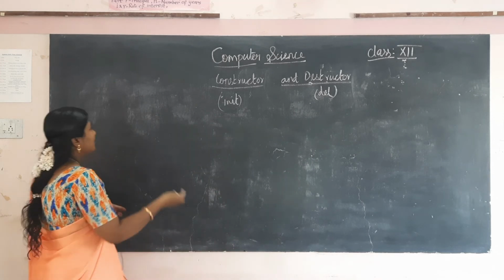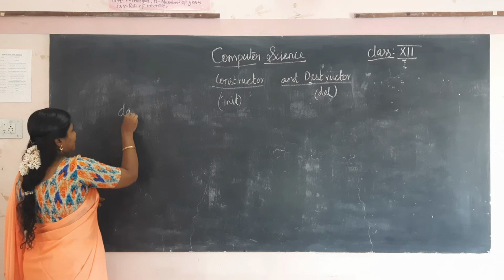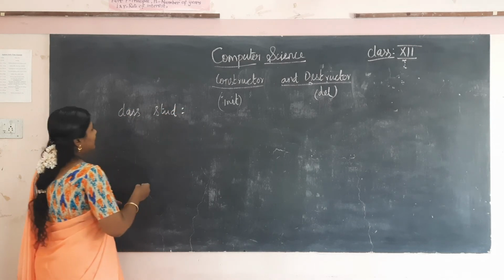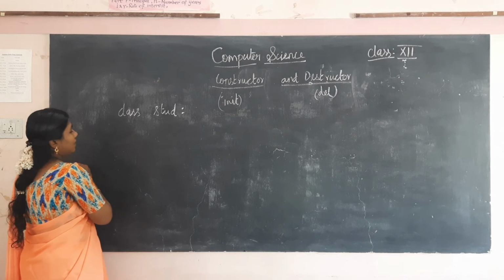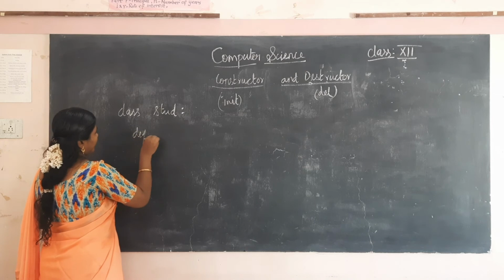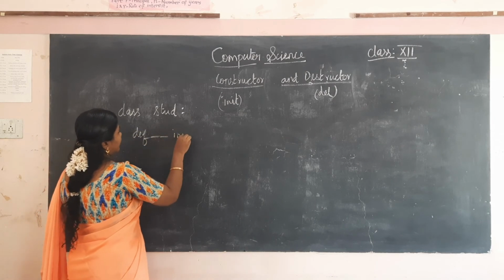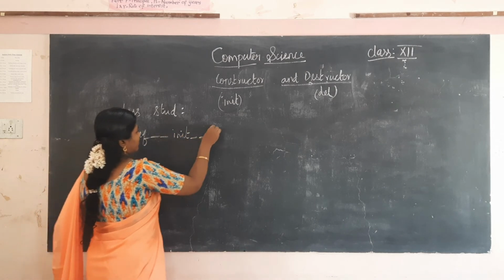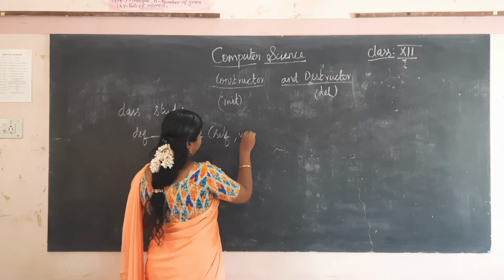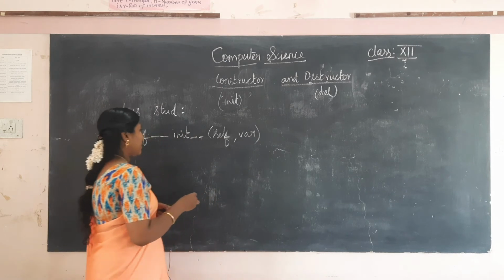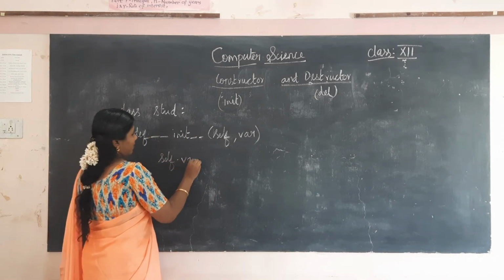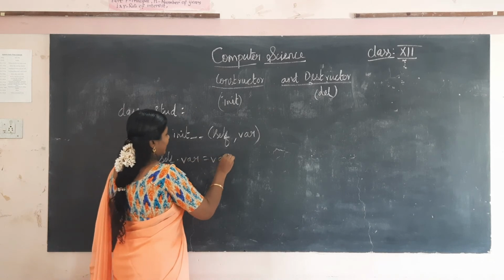Let me have one class student colon, and then let me have one constructor. So def double underscore init double underscore, and then self comma variable. So self.variable is equal to var.